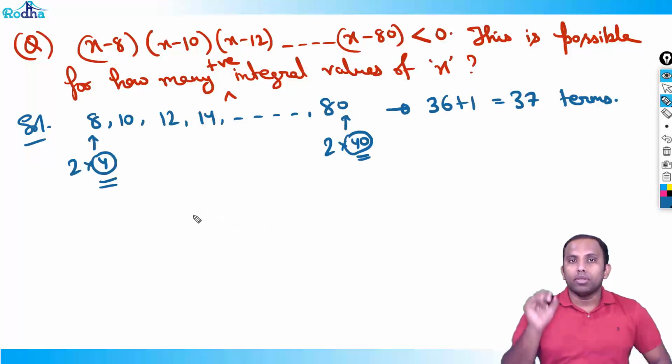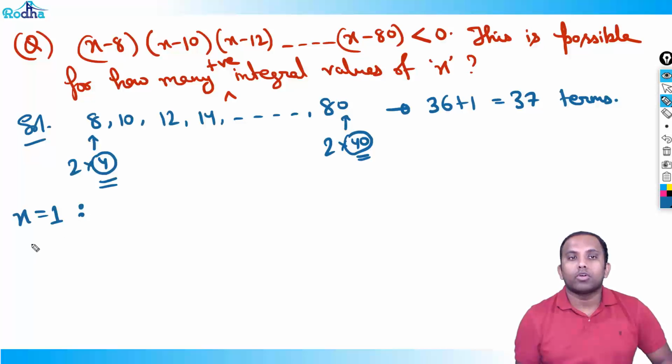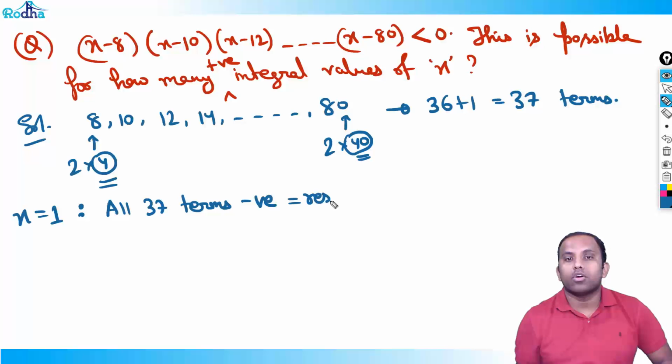Now, what should be the thinking process? Since x is a positive integer, let's start from x equal to 1. If I put x equal to 1, what will happen now? There are 37 terms here, so if x is 1, all 37 terms are negative. That means what is the result? The result is also negative.